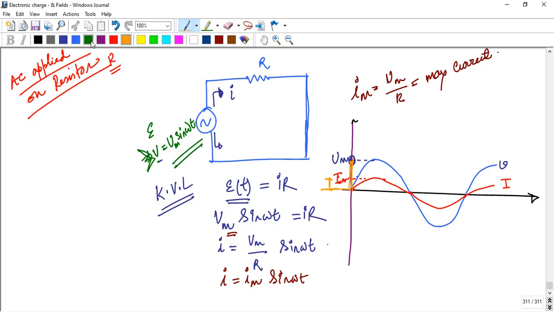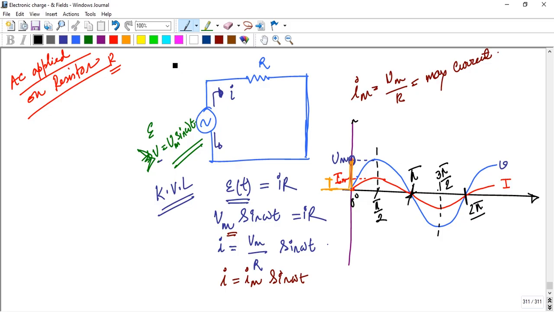Okay, and see the diagram very carefully. This is called 0 degree. Suppose this maximum value is at pi by 2, here is pi, that point is 3 pi by 2, and that is 2 pi.